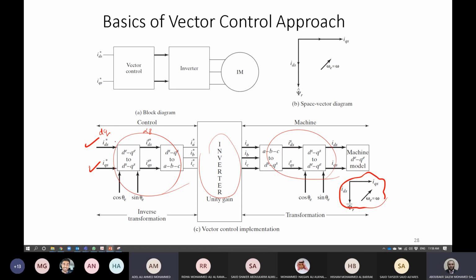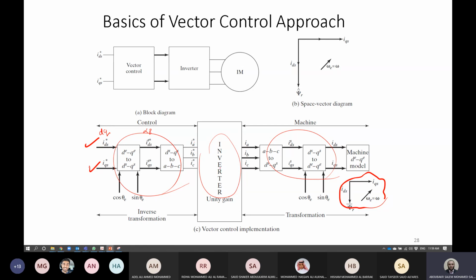Here we just transform from DQ, because we have the reference as D and Q. You can give an ID reference or an IQ reference as a constant value, for instance ID reference equals 5 ampere, not a function of sine, and the same for IQ. This is converted from the rotating frame to the stationary frame alpha beta, then from alpha beta to IABC in order to use it in the inverter.